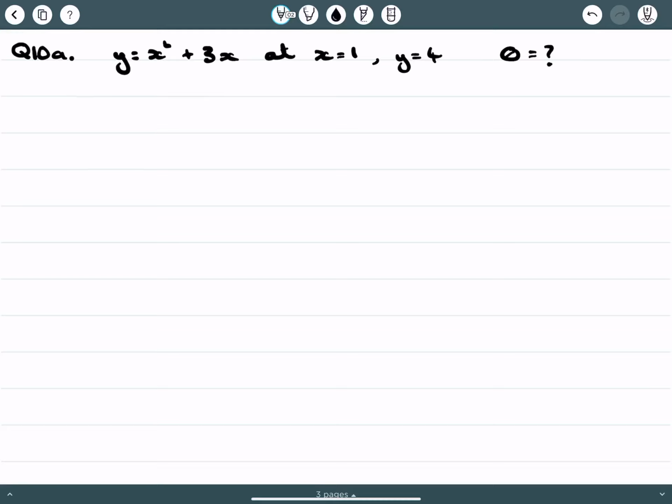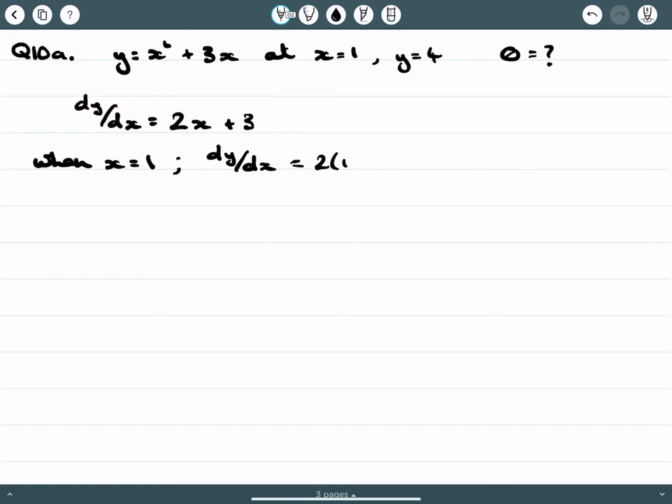So we can find what dy dx is going to be. And dy dx, we just simply derive the equation plus 3. And we're going to say when x equals 1, dy dx is going to equal 2 by 1 plus 3. dy dx equals 5.